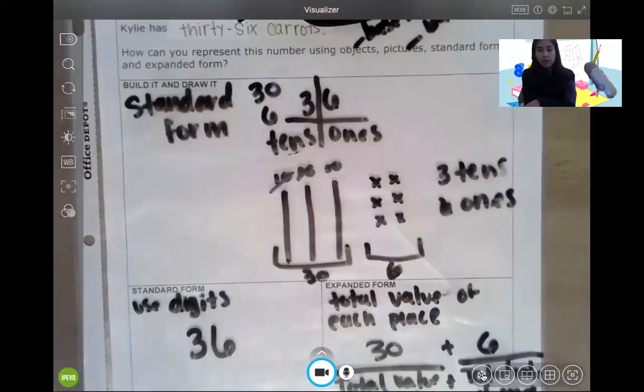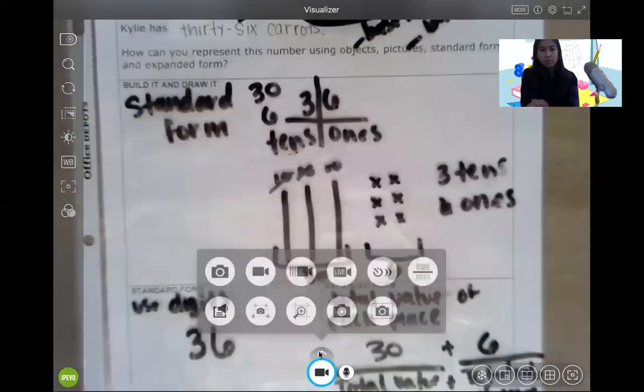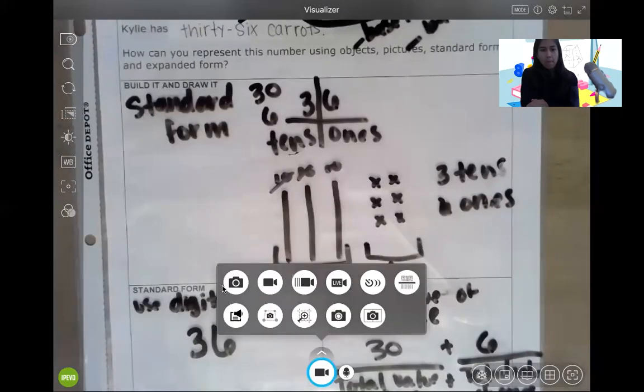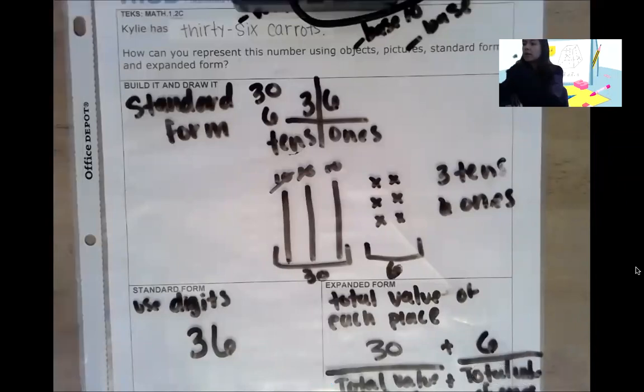So I'll take a picture. And I didn't hear my camera click, so I'll just take a picture with my cell phone, just in case.